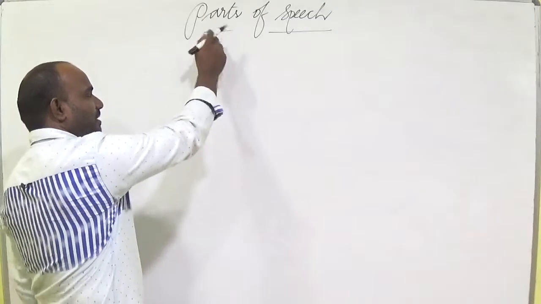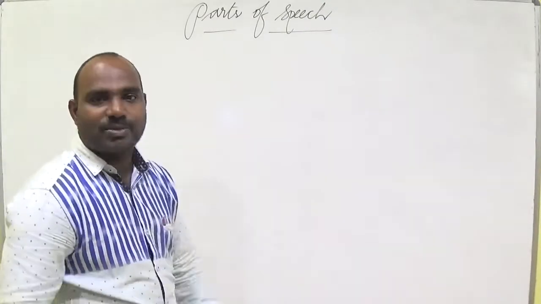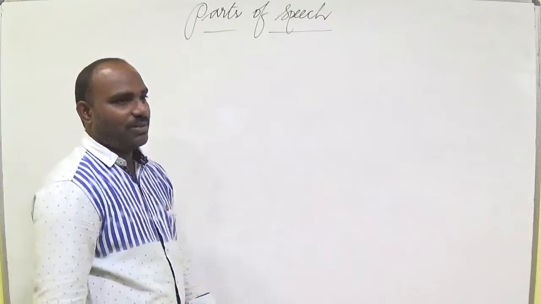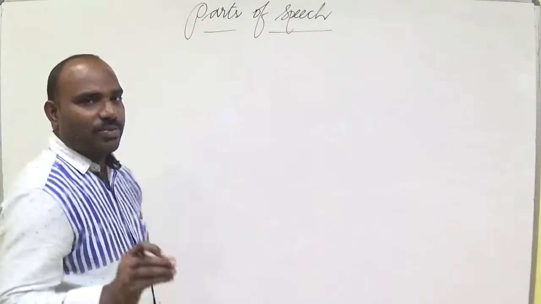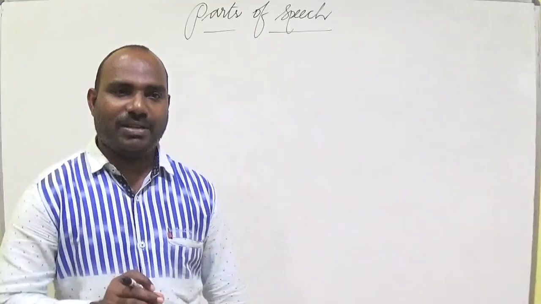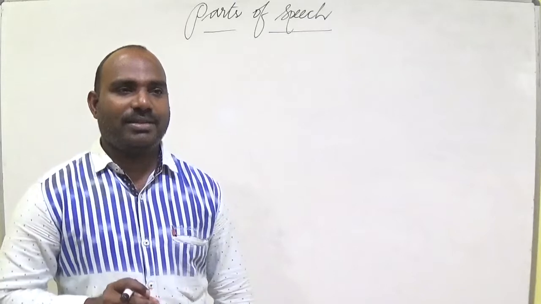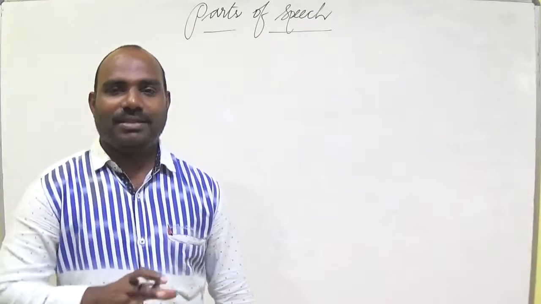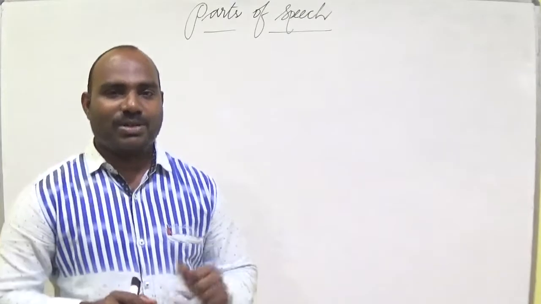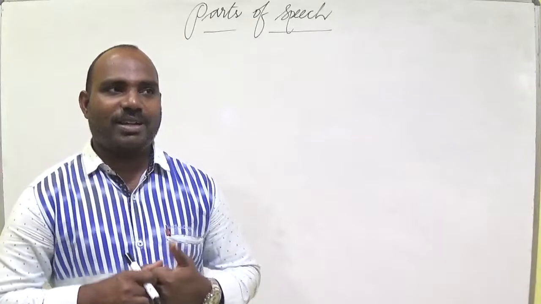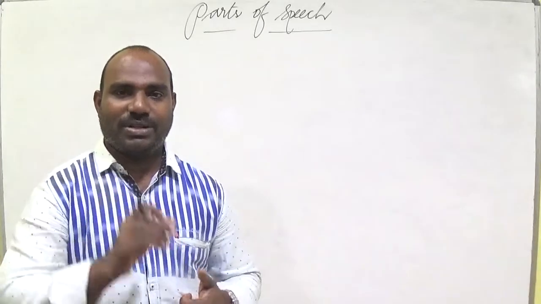See, today's topic is parts of speech. Here, parts of speech means, first of all, the language we teach, the language we speak, we read, the communication is the rest. See, it is the combination of parts of speech. Whatever you speak, that belongs to a certain part of speech in English.